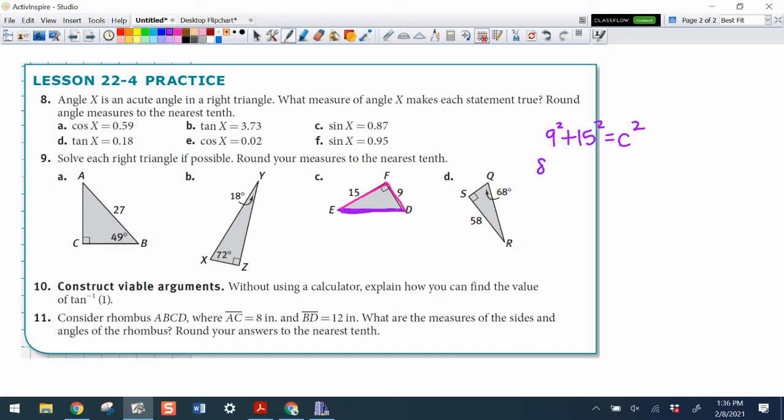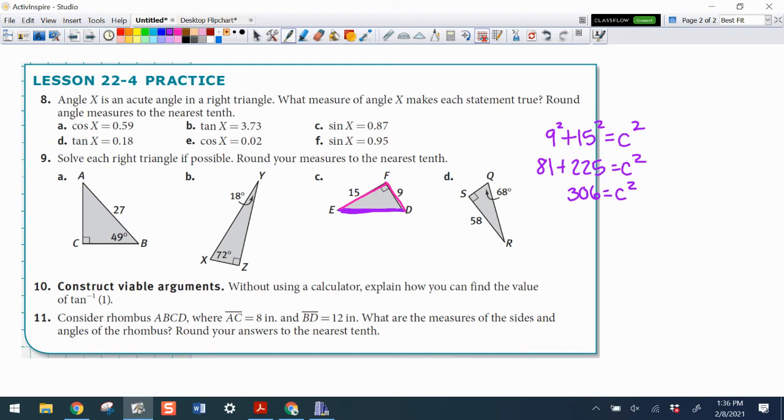9 squared is none other than 81. 15 squared is 225, equal to C squared. We're going to combine 81 and 225 and we get 306 equal to C squared.